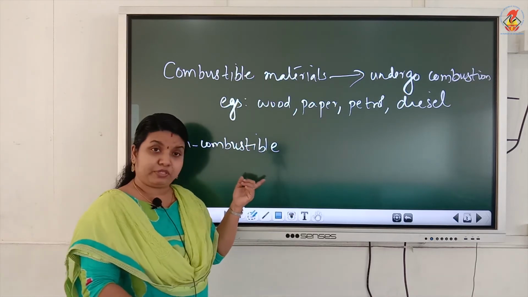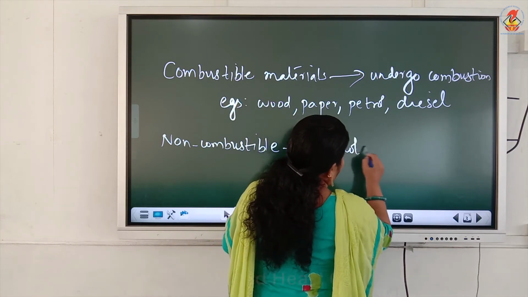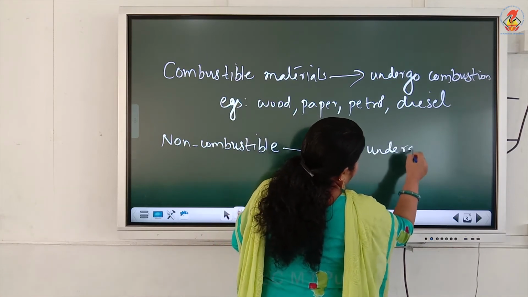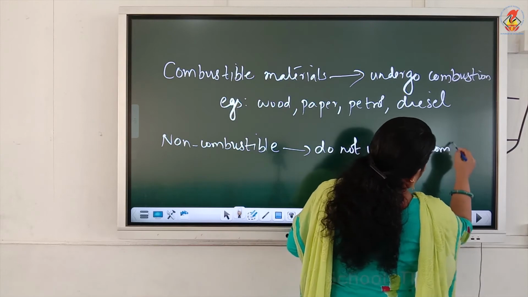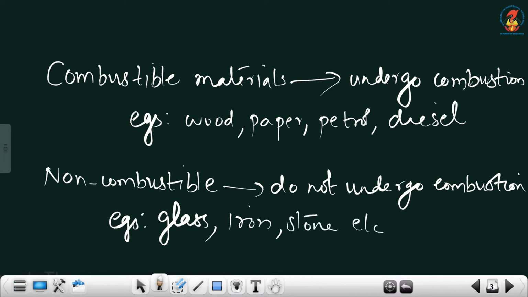Now what are non-combustible materials? Materials that do not undergo combustion are said to be non-combustible substances. Examples are glass, iron, stone, etc. You can find more examples. So, what is combustion?